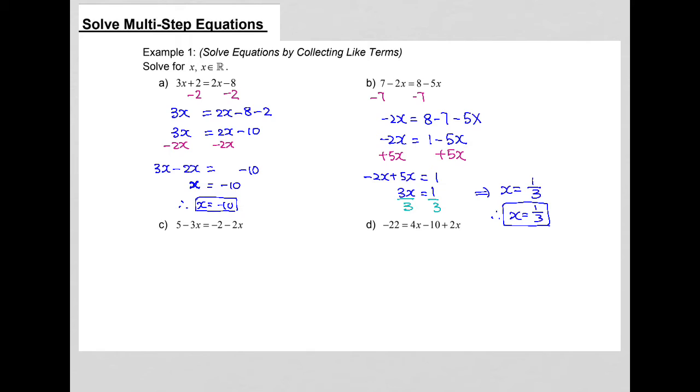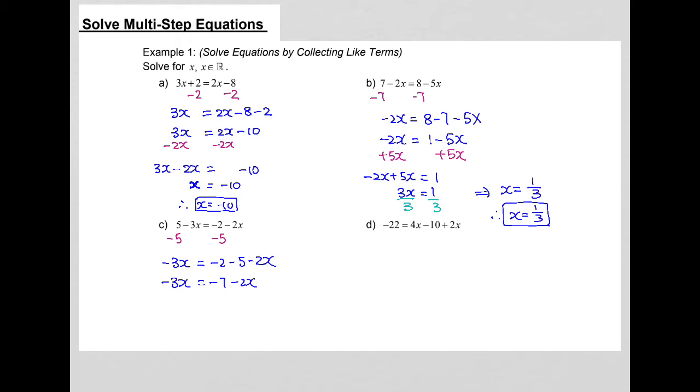Okay. Let's look at part C. Same thing again. I want to remove the 5 on the left-hand side of the equal sign. So I have to subtract 5 on both sides. And you'll have negative 3x equals negative 2 minus 5 minus 2x. So negative 3x equals negative 7 minus 2x.